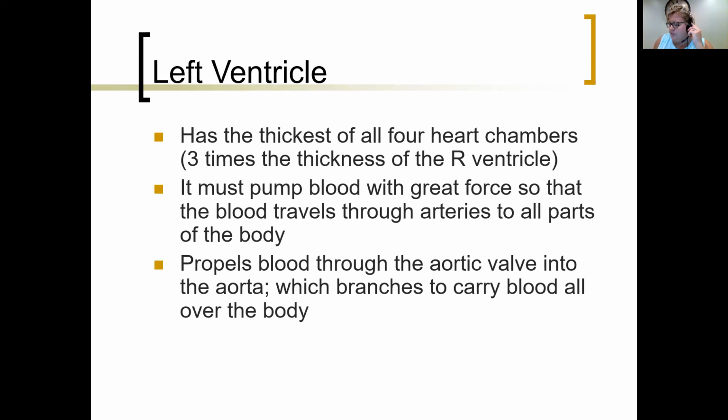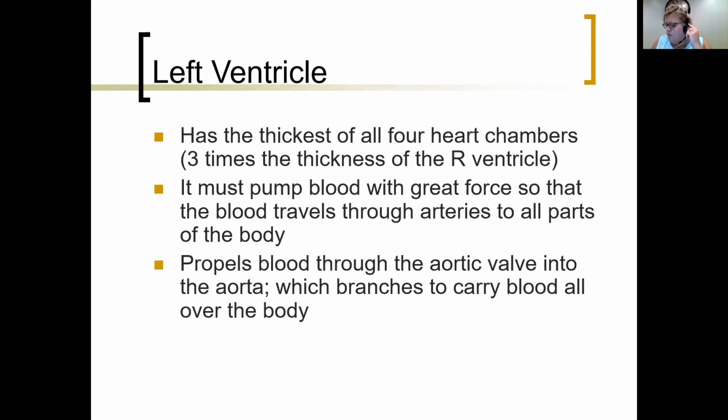And the valve that lies between the left atrium and the left ventricle, that's the mitral valve. You may also see the mitral valve called the bicuspid valve if you're in A&P or human body structure and function. Mitral valve and bicuspid valve are used interchangeably.